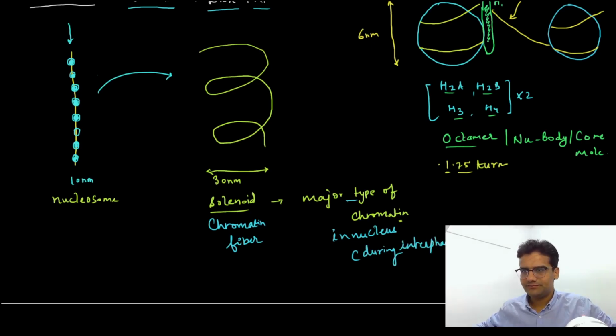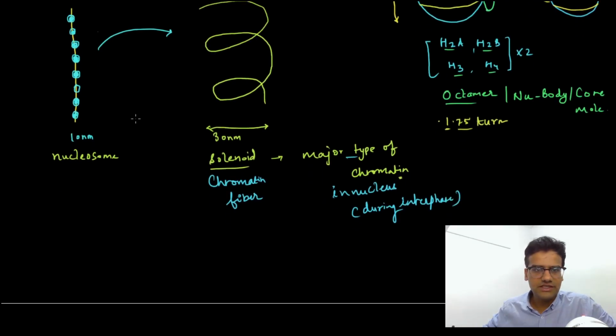And these forms, the nucleosome and solenoid, are interconvertible into each other. That means the 10 nanometer fiber can be converted into a 30 nanometer fiber, and the 30 nanometer fiber can be converted into a 10 nanometer fiber.